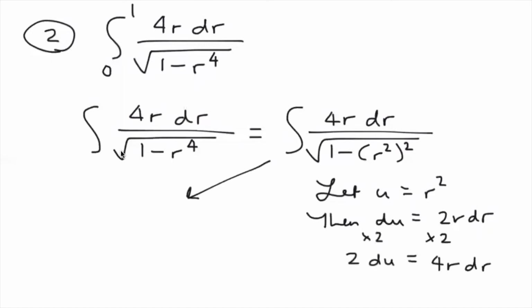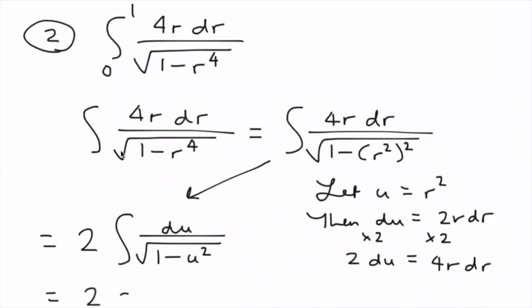All right, so then we'll have 2 times the integral du over the square root of 1 minus u squared. So hopefully you recognize that one from chapter 7. The integral of 1 over the square root of 1 minus u squared with respect to u is inverse sine u.